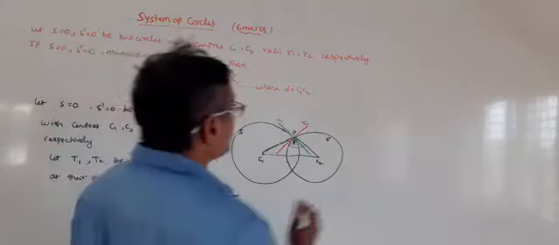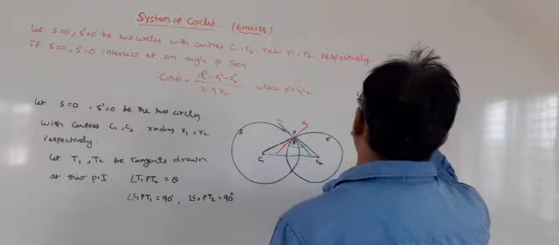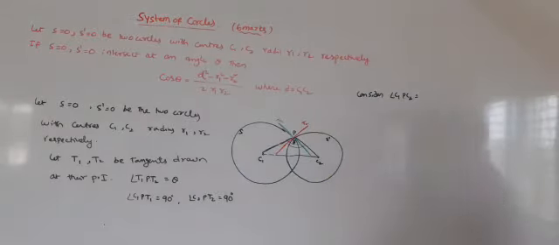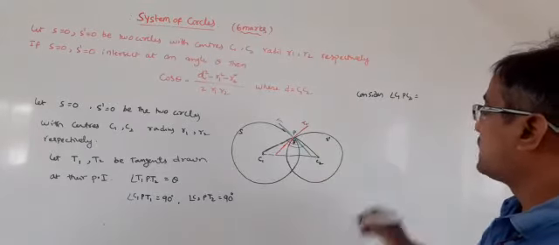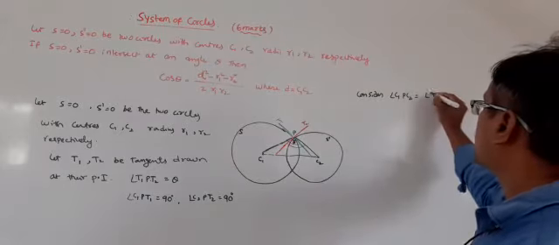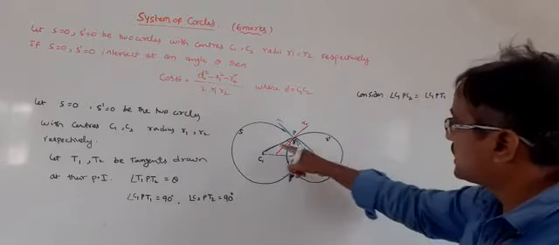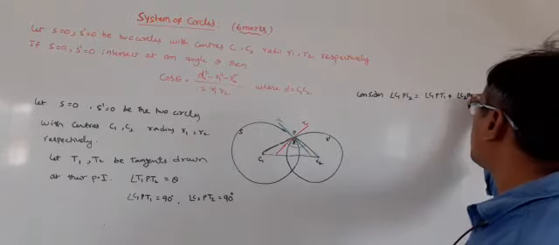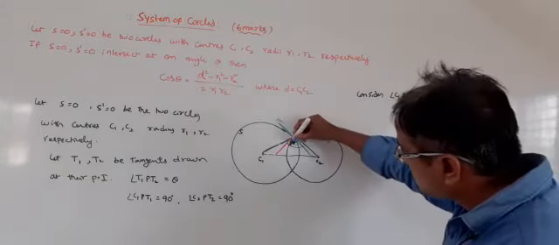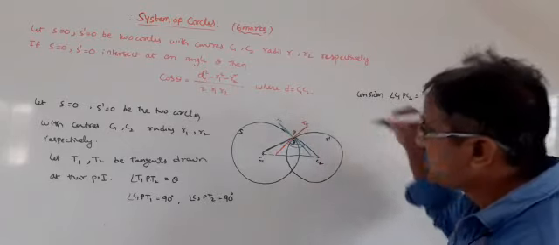Now let us consider angle C1PC2, the total angle. That angle can be represented as angle C1PT1 plus angle C2PT2.